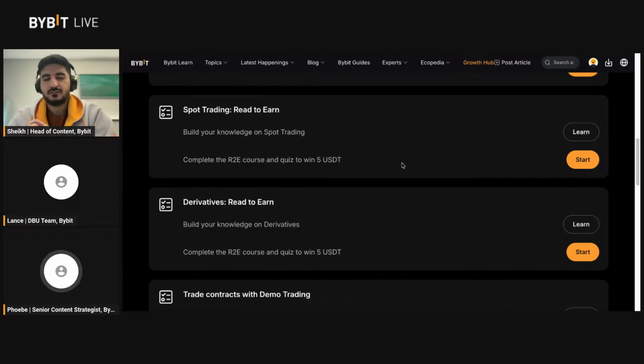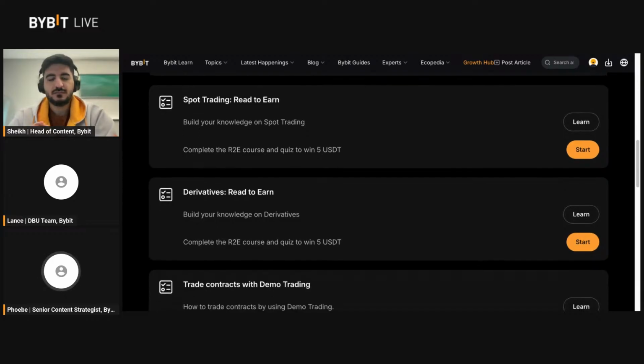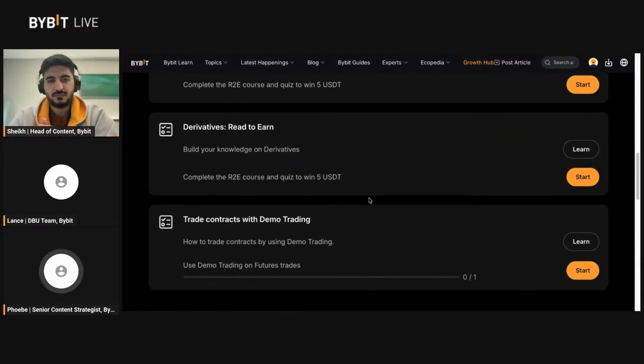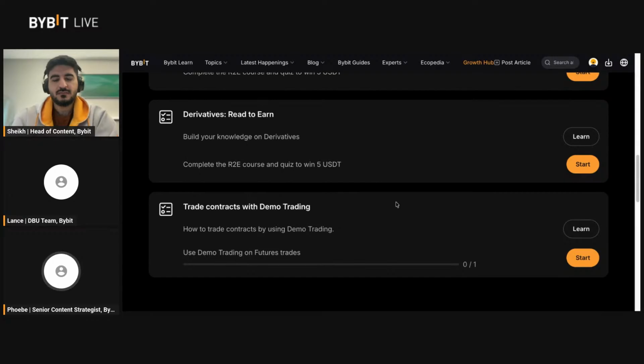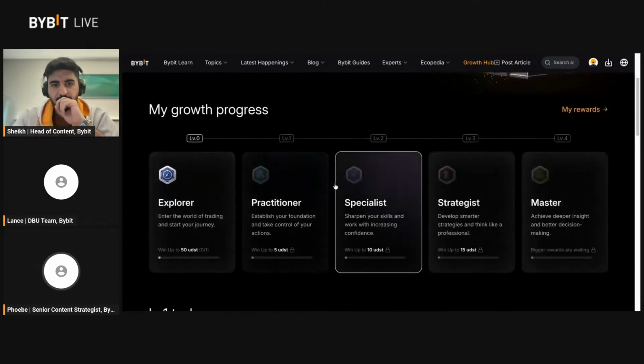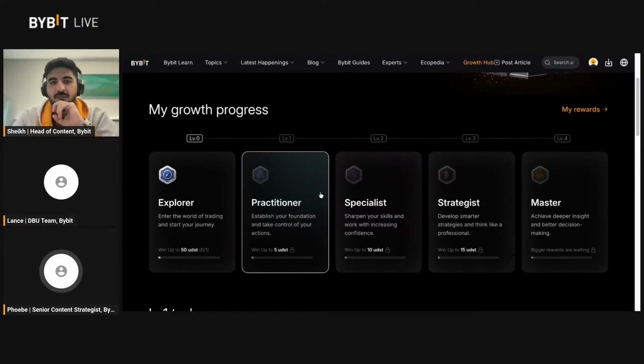And you can also try demo trading to practice futures at zero risk, which is very good for beginners. So after finishing all of this, new users can get up to 50 USDT, and existing users can still get 10 USDT. So this is the first level, and then the next level, level 1, is for beginners.